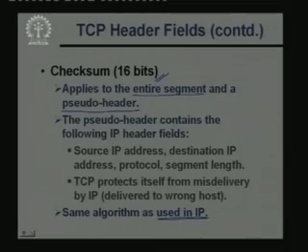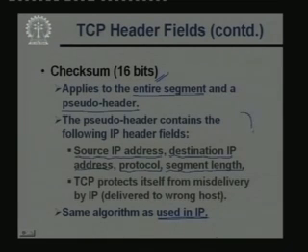Pseudo header contains some information which is borrowed from the IP header. Pseudo header contains the following fields: source IP address, destination IP address, protocol TCP or UDP, and the segment length.